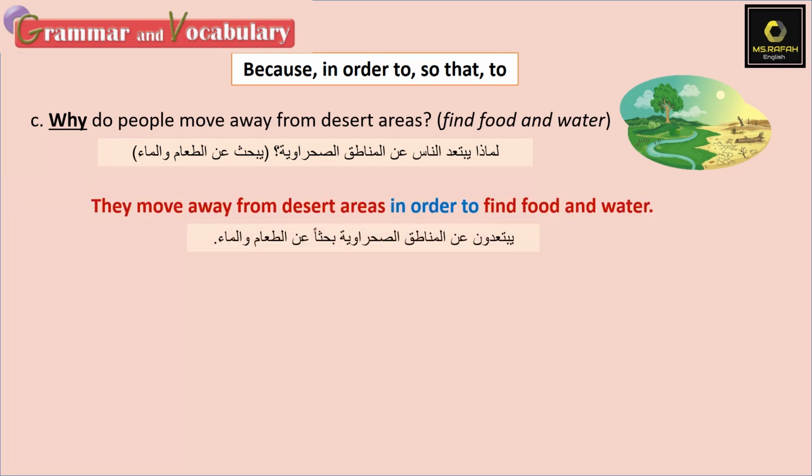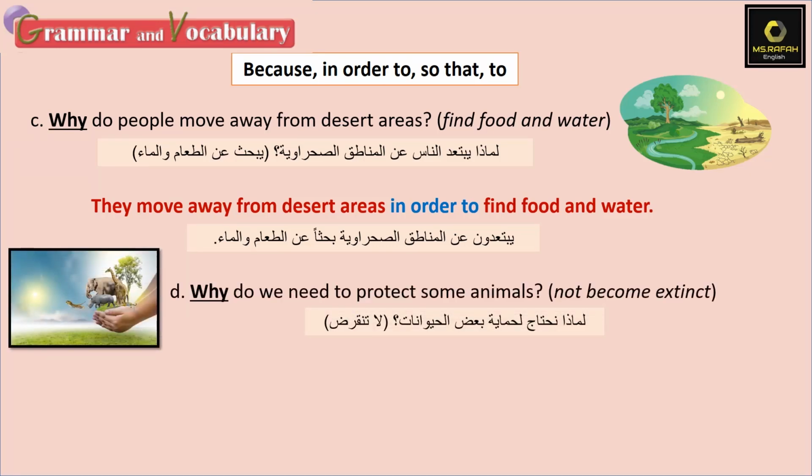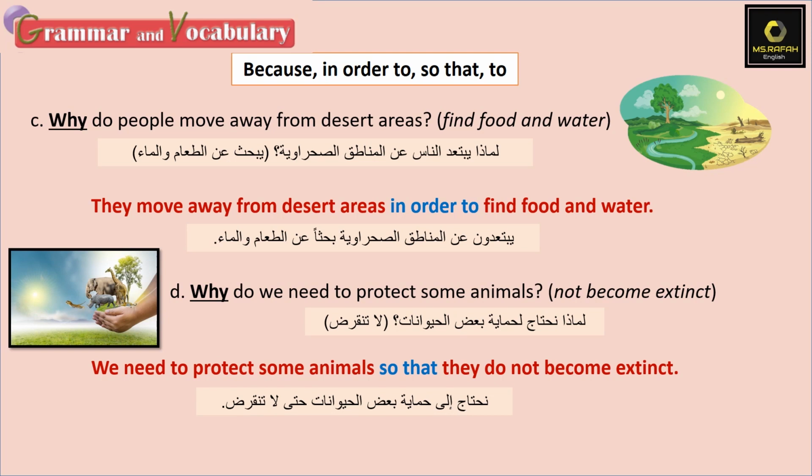They move away from desert areas in order to find food and water. Why do we need to protect some animals? We need to protect some animals so that they don't become extinct.